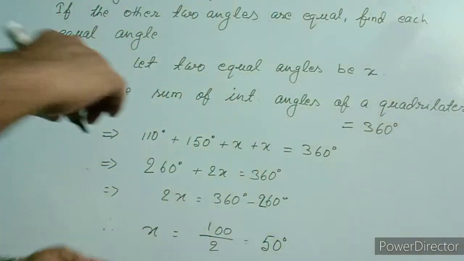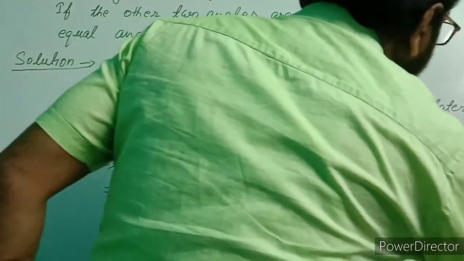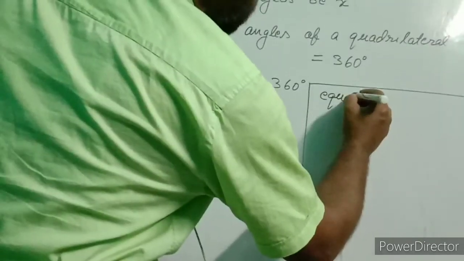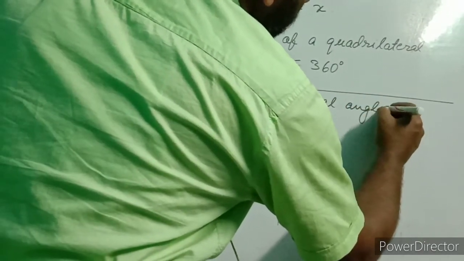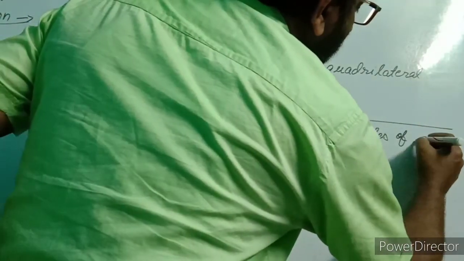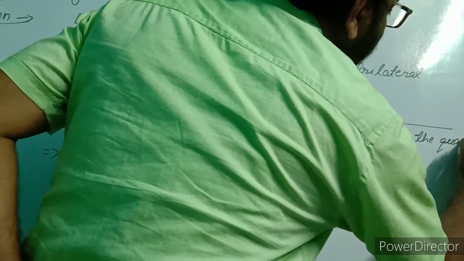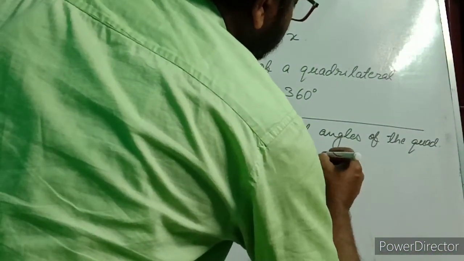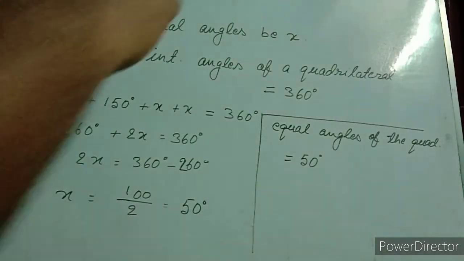So x equal to 50 degree. Equal angles of the quadrilateral, we write the answer this side: equal angles of the quadrilateral are equal to 50 degree each. Two angles are equal, so those two are 50 degree each.